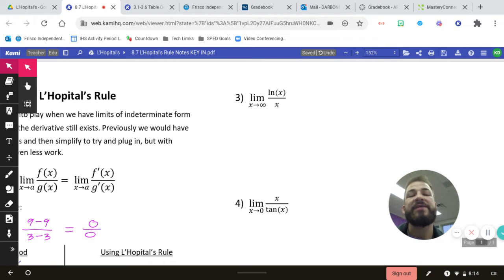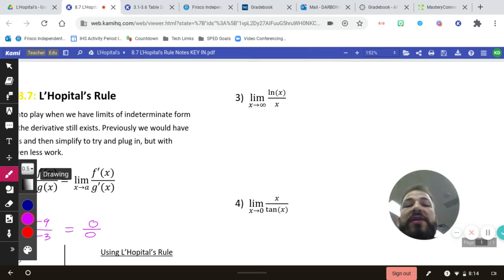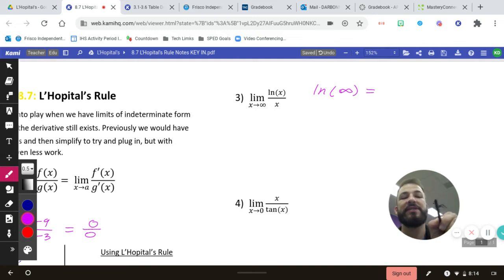Okay, let's do some more. The limit as x approaches infinity of the natural log of x over x. So the natural log of infinity would be equal to an infinitely big number, because natural log slowly increases as we go, but it does continue to increase forever.